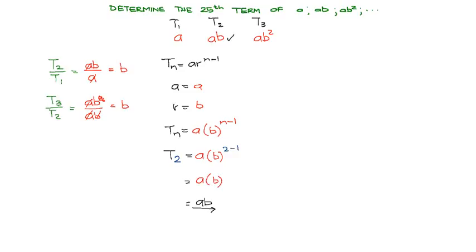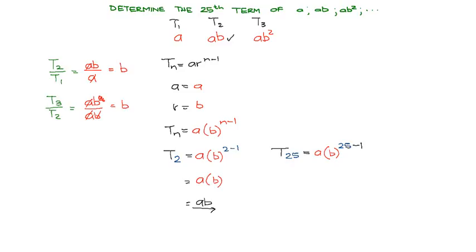Now all we have to do is complete the challenge, which is to determine the 25th term. When we see an n, we're going to put the number 25, because that's the one they've asked for, the 25th term. So T25 is equal to a open bracket b close bracket, and then we have another n, so that's going to be 25 minus 1.